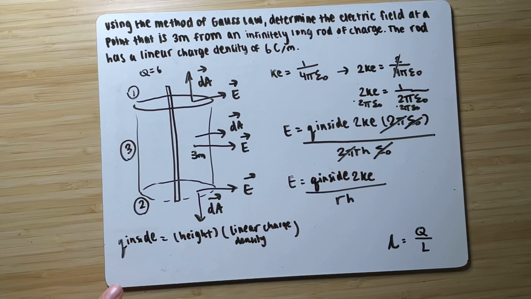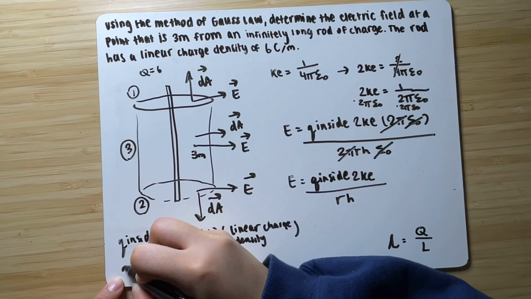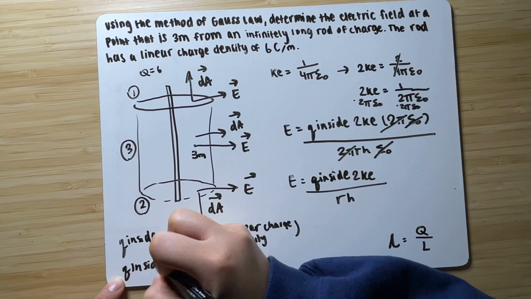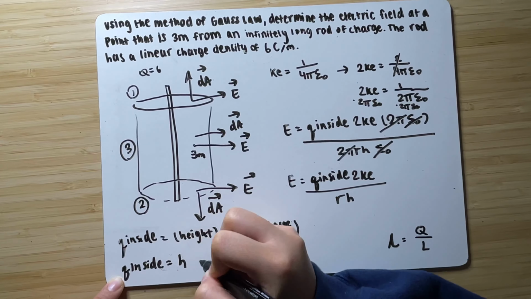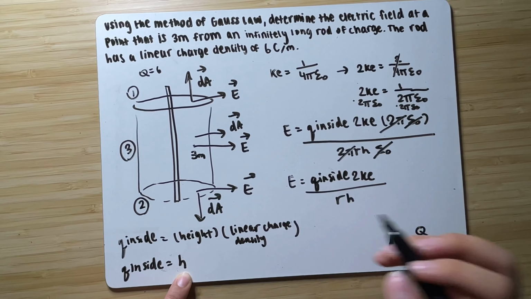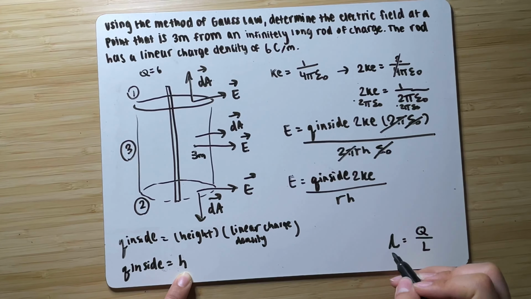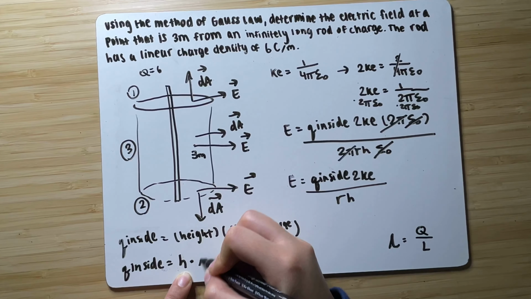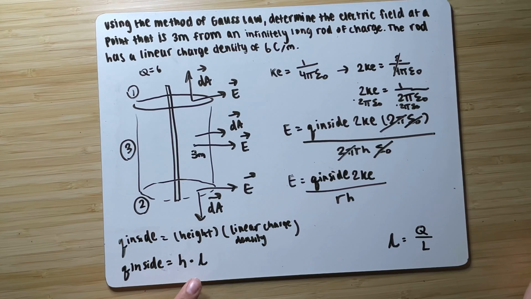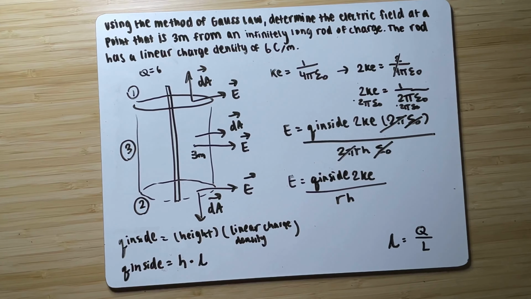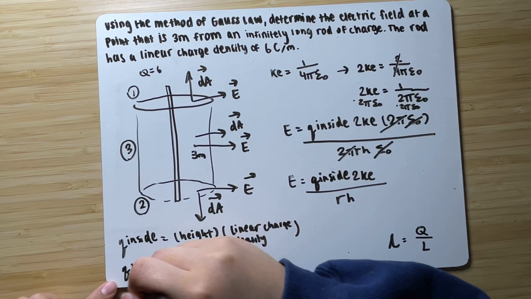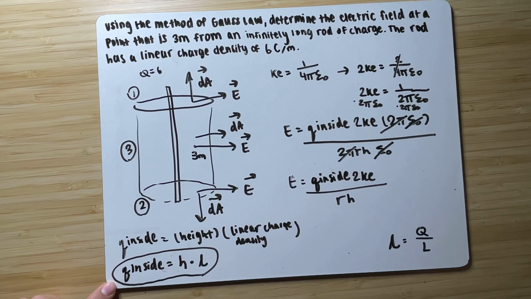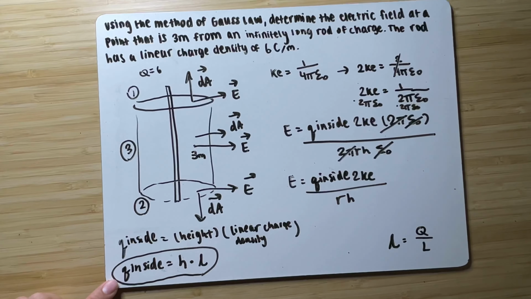Okay, so charge inside is going to be the height multiplied by the linear charge density, which is this. So multiplied by lambda. Okay. So now that we know what Q inside is, circle that because this is crucial information. We can plug it in for Q inside here.